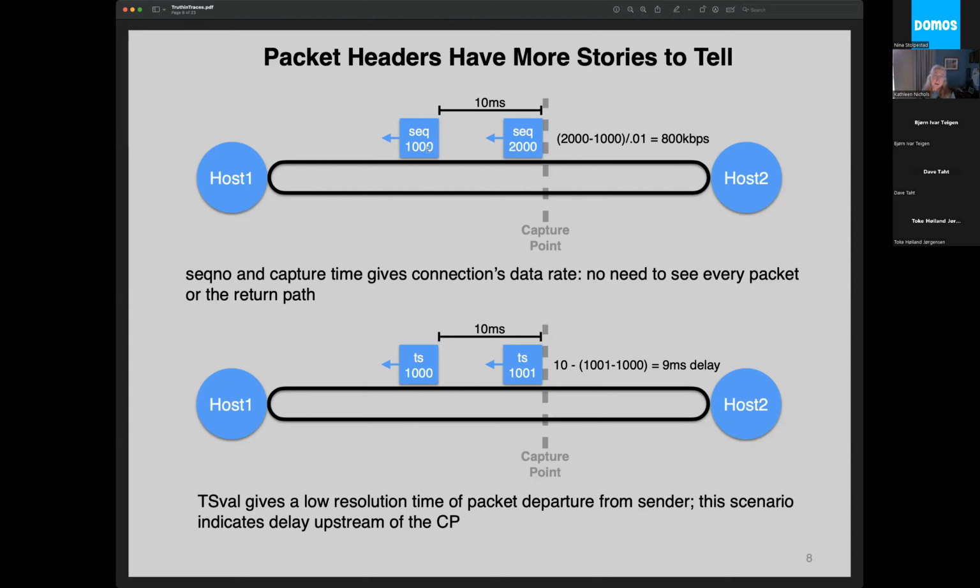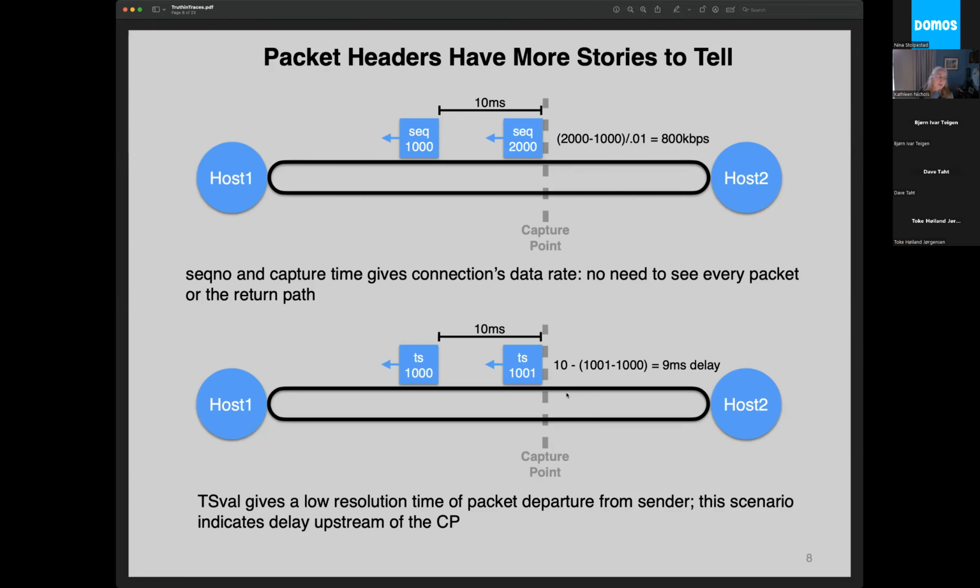If we look at this first packet and say it has sequence number 1000 and the next one has sequence number 2000, and we can measure the time between them, now we can subtract the two sequence numbers and divide by that time. And now we know that we have 800 kilobits per second on that link. That's kind of interesting. And we don't even have to see every packet of the return, and we don't need to see the return path at all.